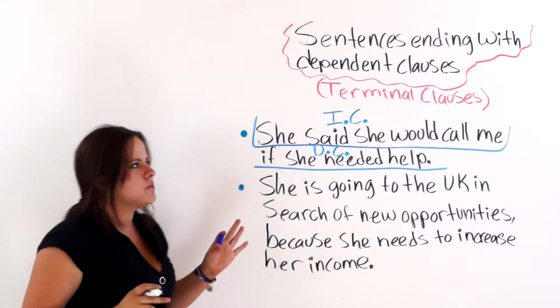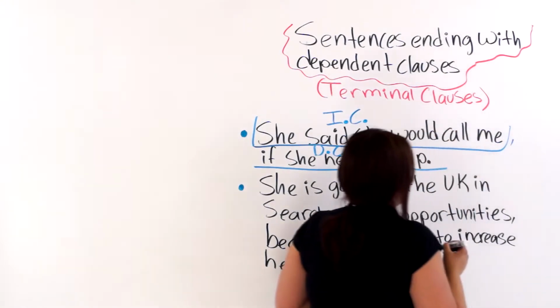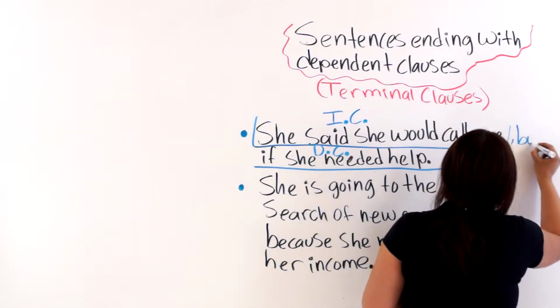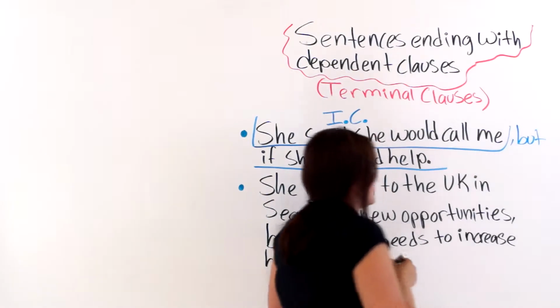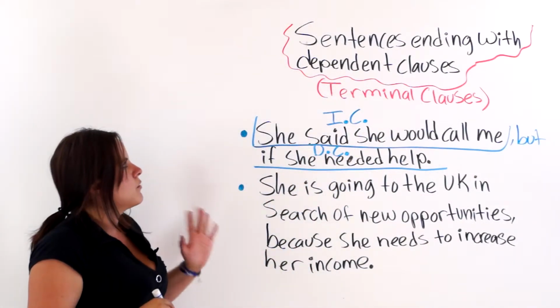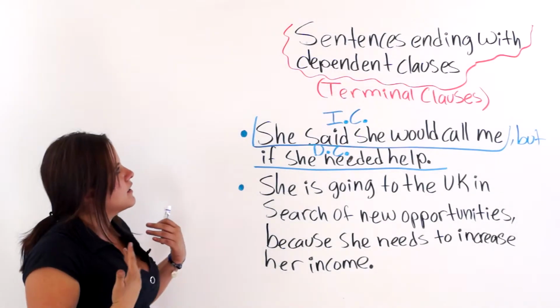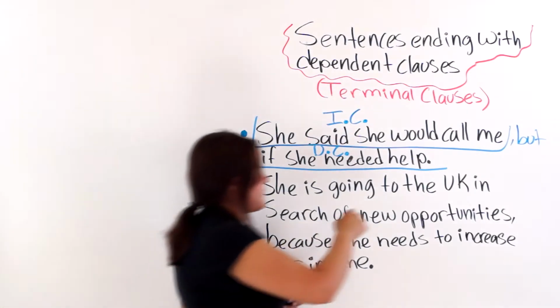We do not have a comma here, and we do not have a conjunction like but, or, and, or because. So we do not always need that when we have dependent clauses ending a sentence.